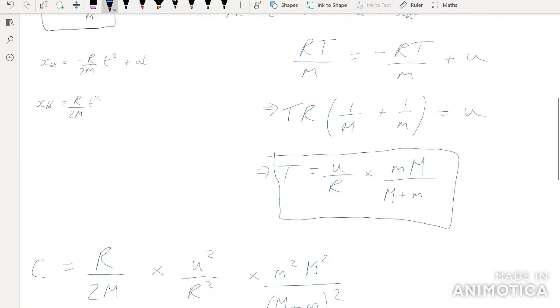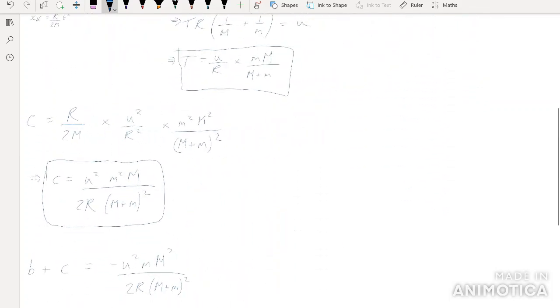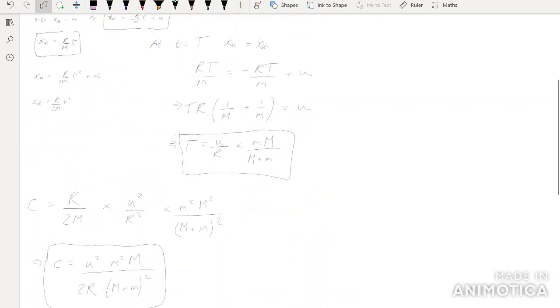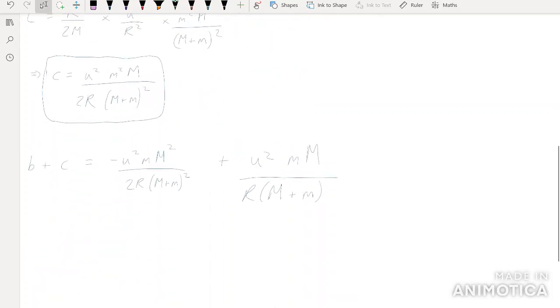But then we've also got plus UT, so that must be plus U squared M over R M plus M. And okay, so we've got to that.